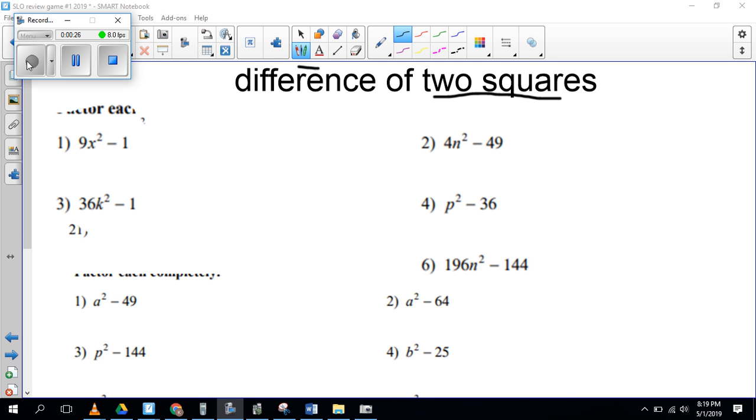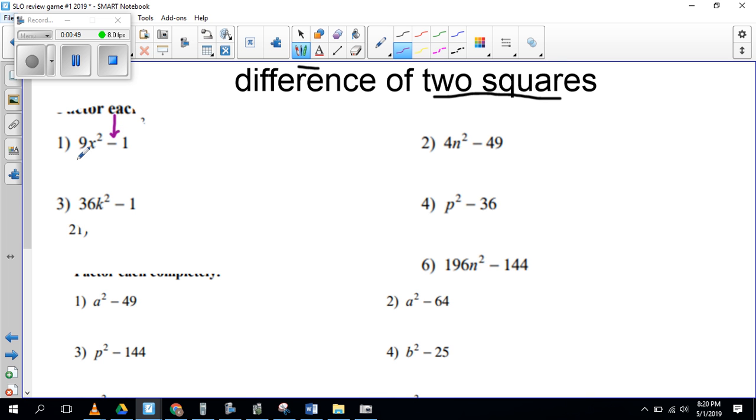So for instance, 25 is a perfect square because 5 to the second, or 5 times 5, equals 25. In order to use difference of two squares, we first have to look and see if there's a minus sign. Yes, there is.